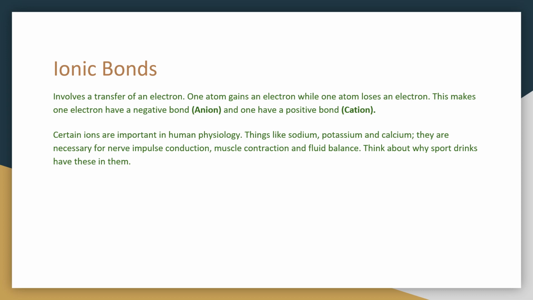Certain ions are important in human physiology, like sodium, potassium, and calcium. They are necessary for nerve impulse conduction, muscle contraction, including your heart, and fluid balance. A lot of sports drinks have these in them to help supplement.